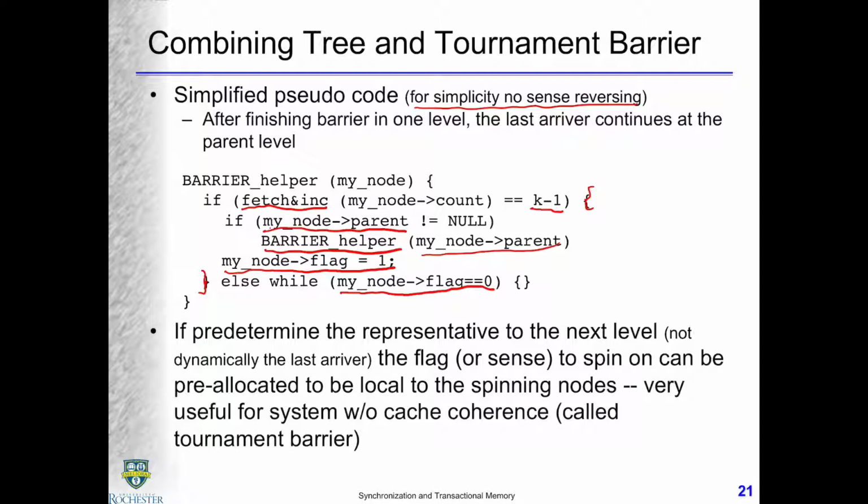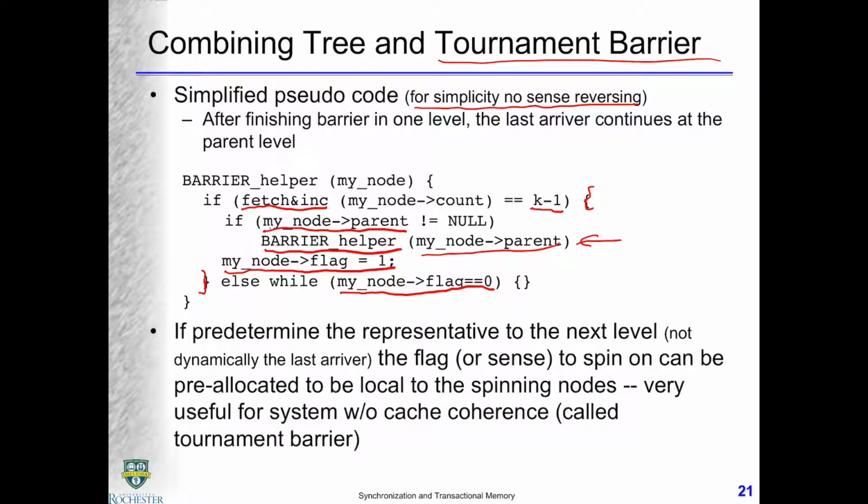Now, there's a specific case of this combining tree idea called the tournament barrier, and it's just a minor optimization or a minor deviation from the general idea. Here, whoever participates in the next node is the last one to arrive.